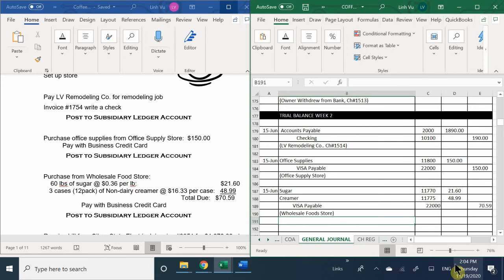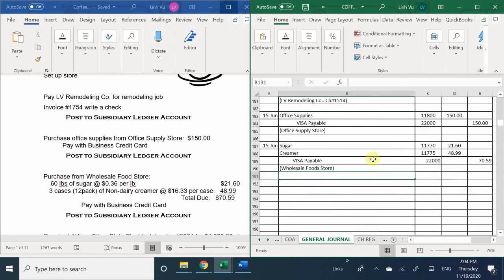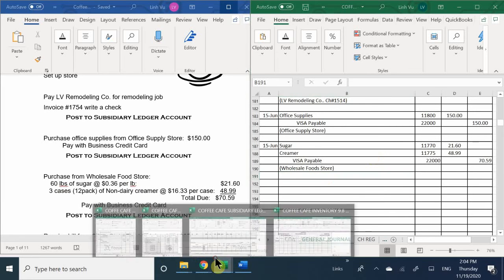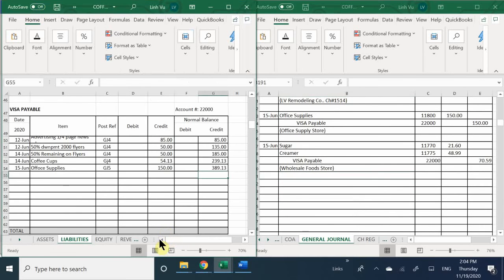So next we will go to the ledger, and we are going to find the sugar.